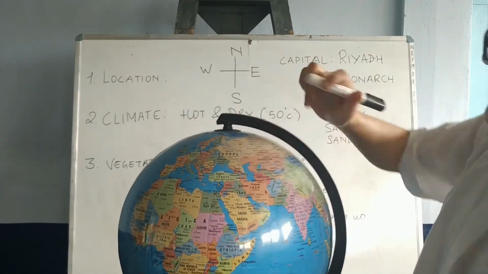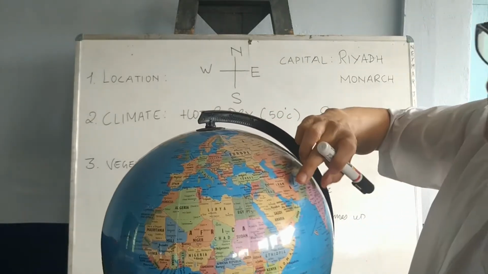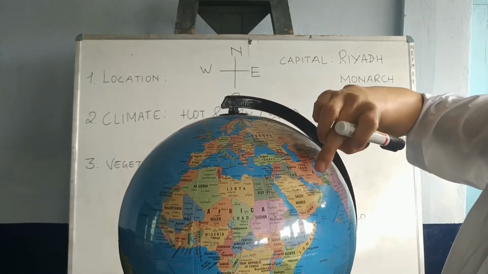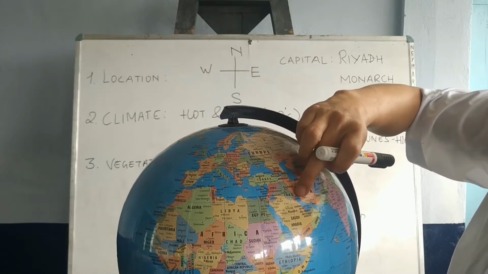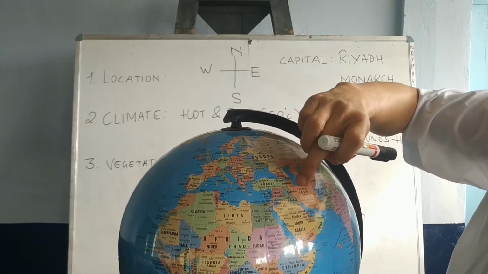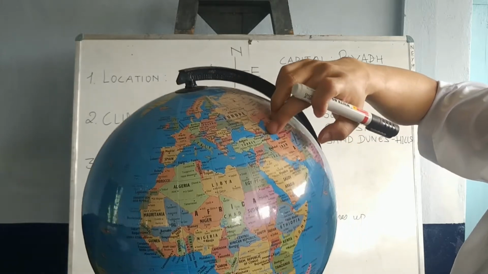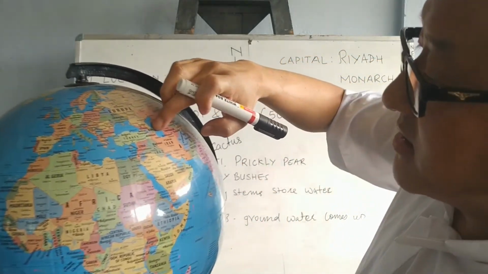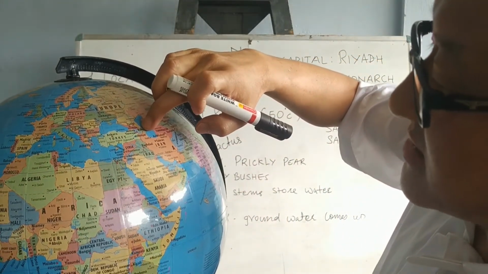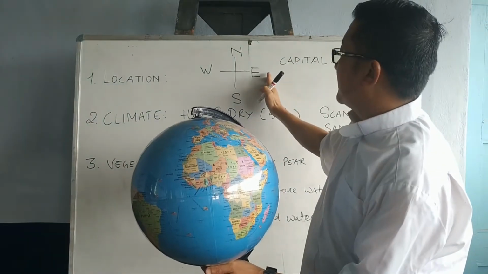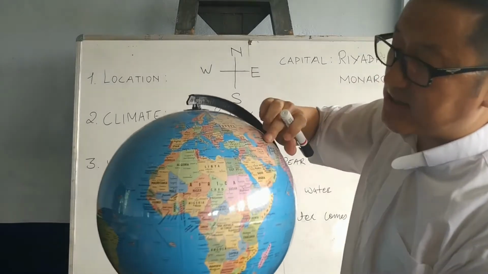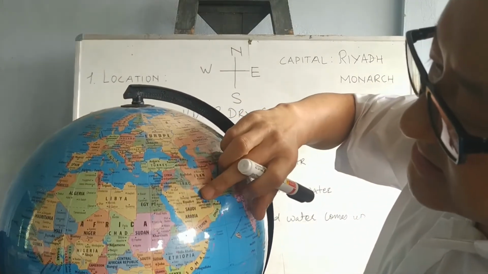Okay, and on the eastern side, which countries are there? Doha, Kuwait. Alright, and one more country on the eastern side, Muscat. All these countries are on the eastern side. And on the northern side, which countries are there? Let us see.